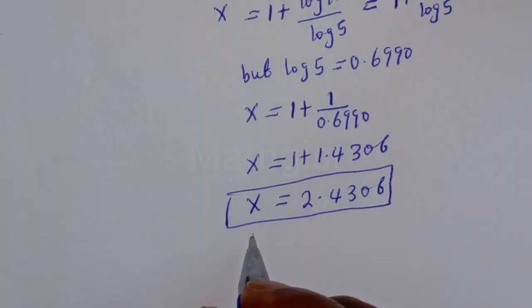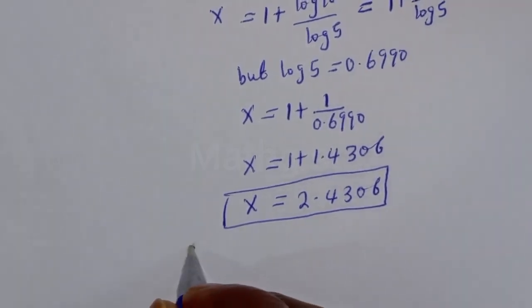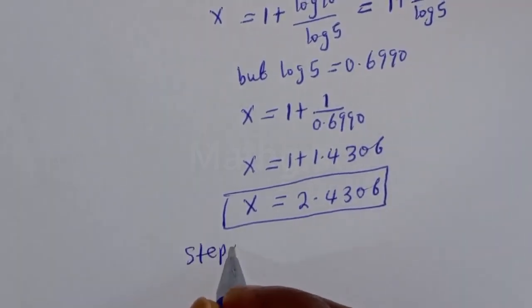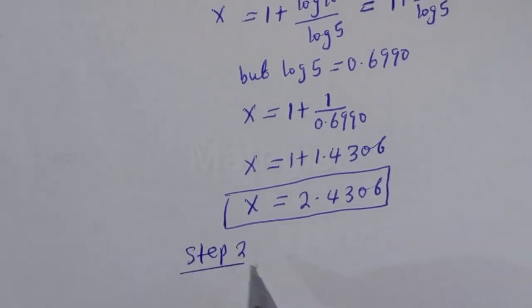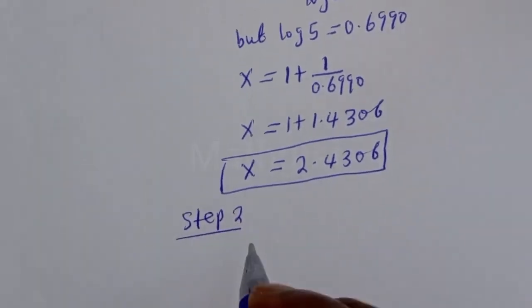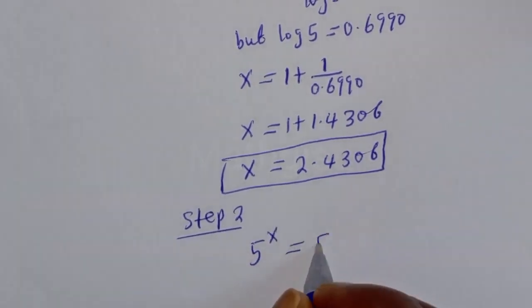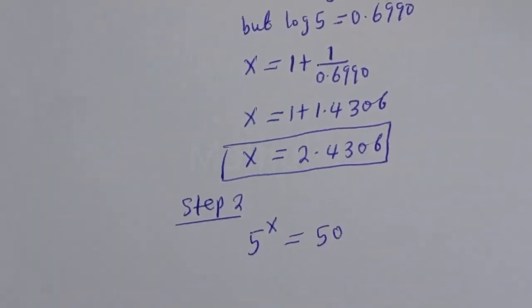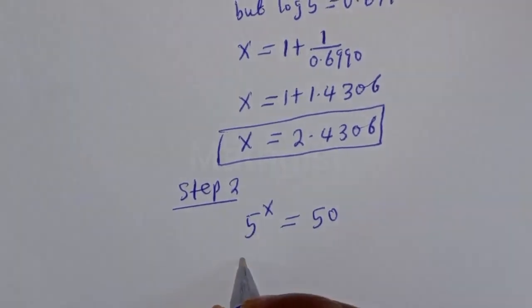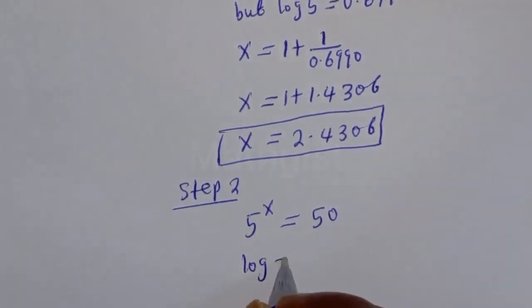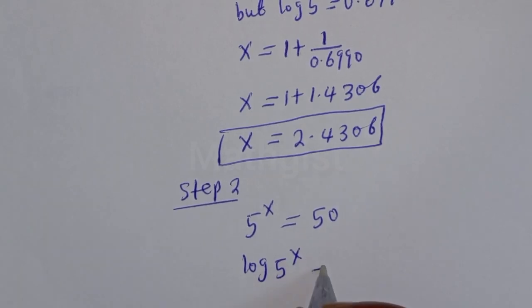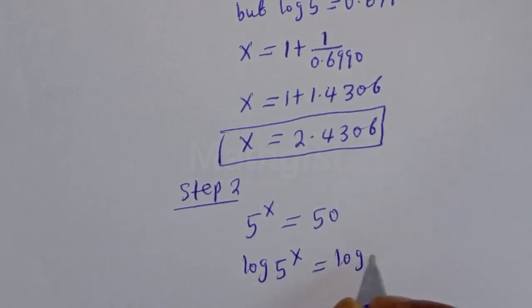Or we can solve in another way. Let's call this step 2, which is the easiest step. We have 5 raised to power s is equal to 50. Then let's take the log of both sides. Log 5 raised to power s is equal to log 50.